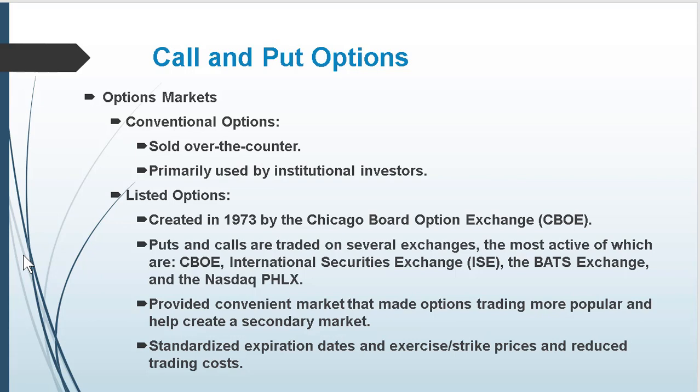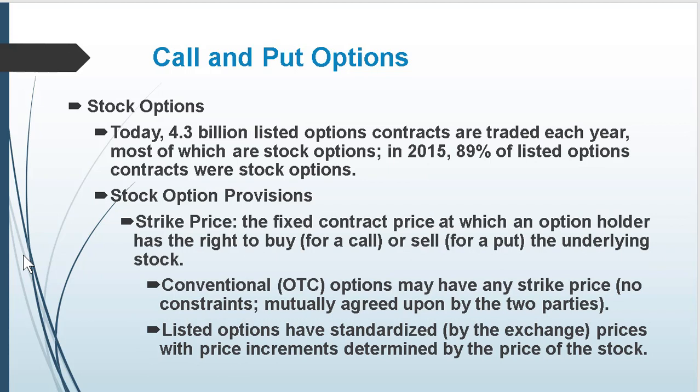What this does, quite frankly, I think, is create a tremendous amount of convenience for the investor: you don't have to analyze the actual structure of each option, since they are standardized, and you can just concentrate on the investment, the underlying security. That's where you want to use your analytical tools. They're saying about 4.3 billion listed options contracts are traded a year.